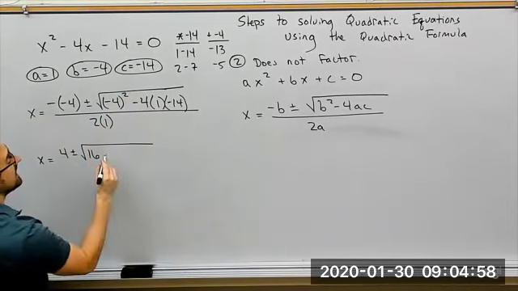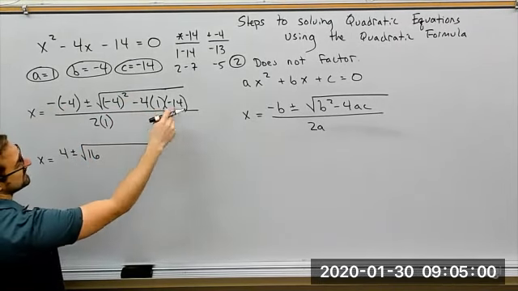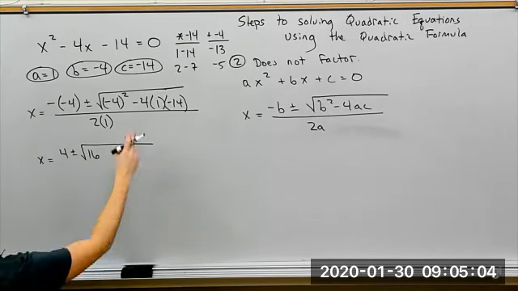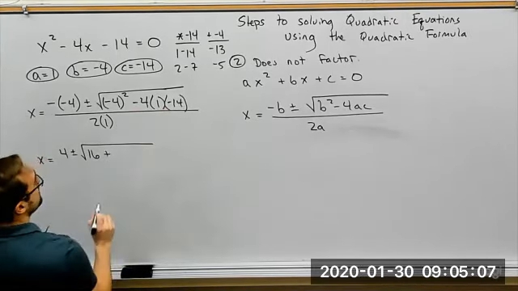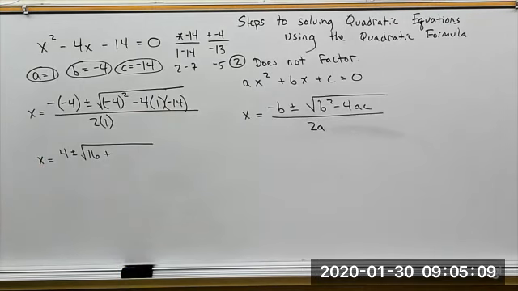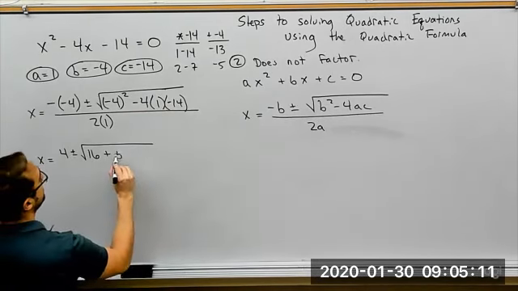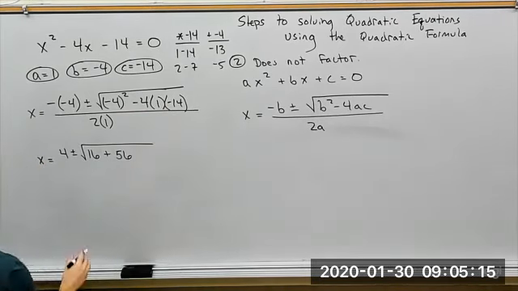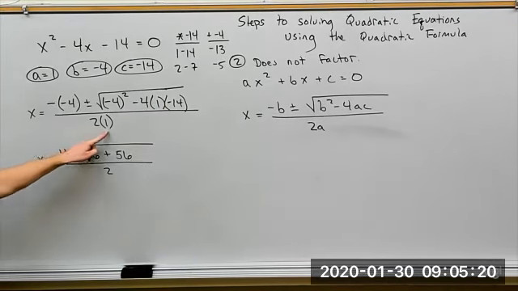Then we get a negative 4 times 1 times negative 14. A negative times a negative is positive. And then 14 times 4 is going to be 56, divided by 2 times 1, which is just 2.